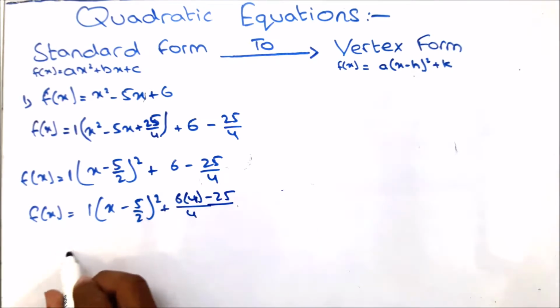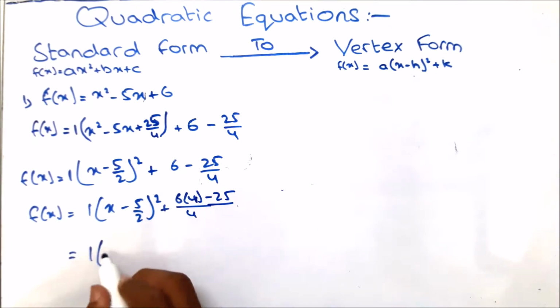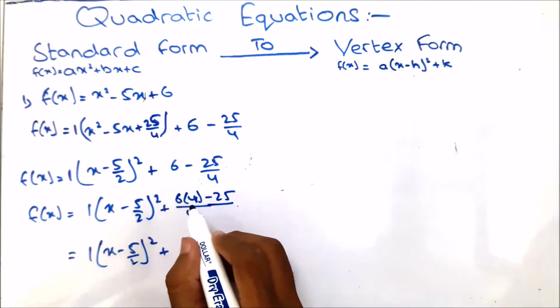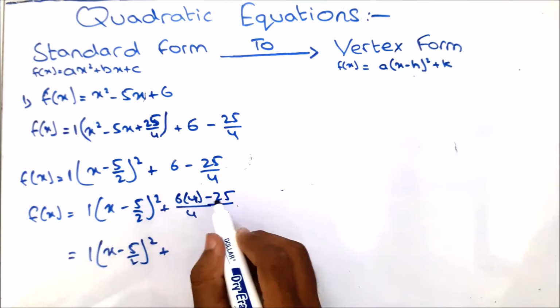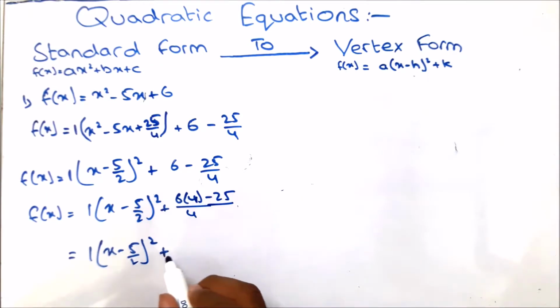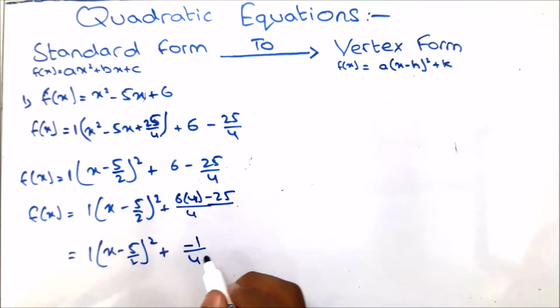When I simplify it, I get 1 times x minus 5 divided by 2 squared, plus 6 times 4 is 24, and 24 minus 25, I get minus 1 divided by 4.